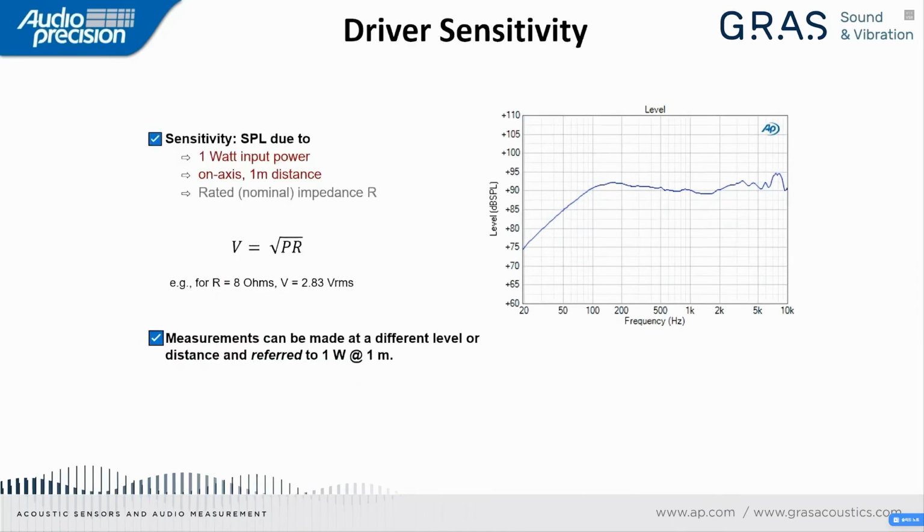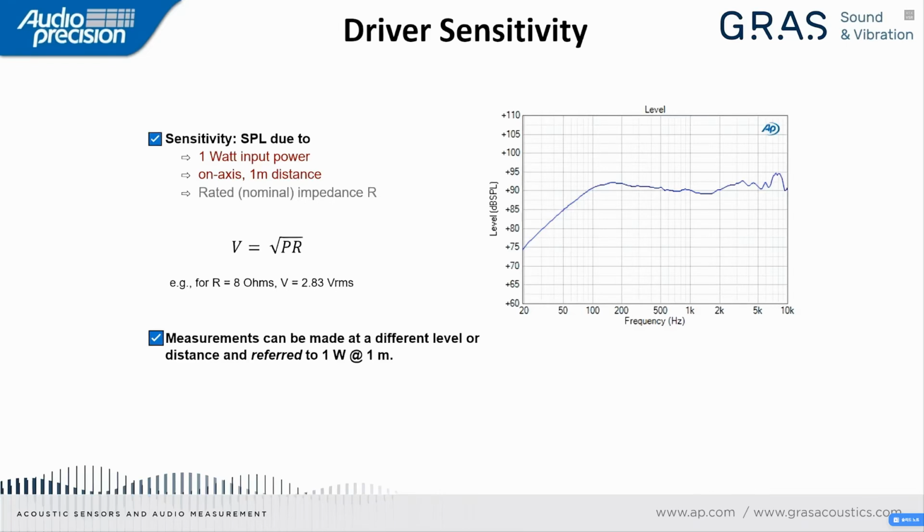From our RMS response, we can specify the speaker sensitivity, and this is normally specified at 1 watt, 1 meter. Now, this is for the nominal rated impedance.